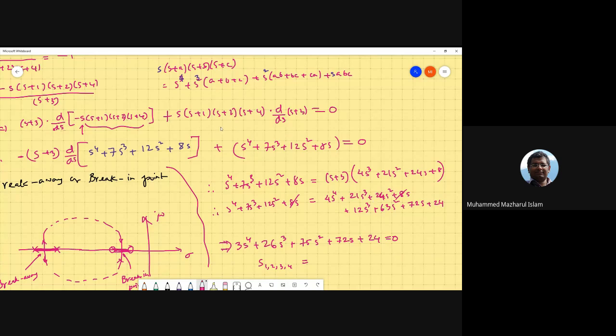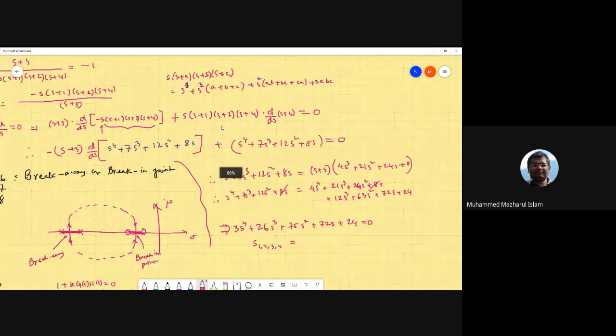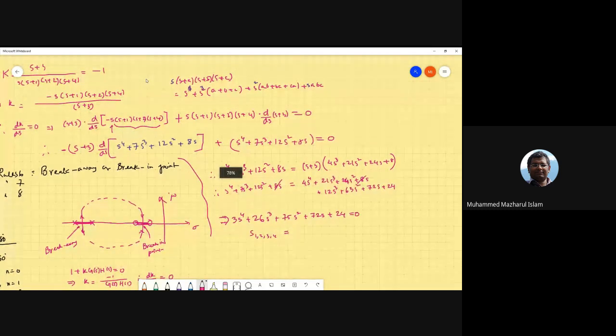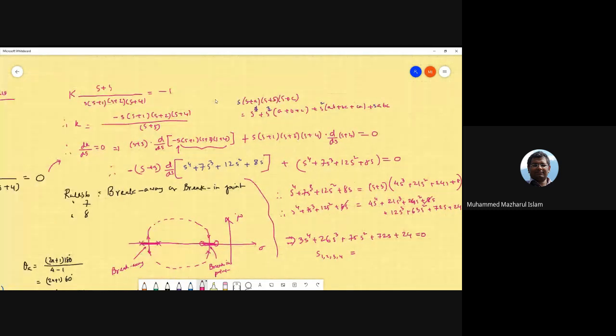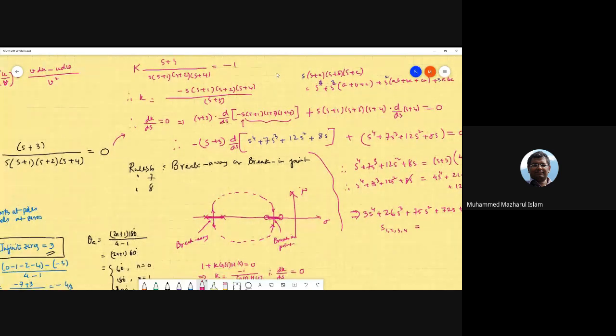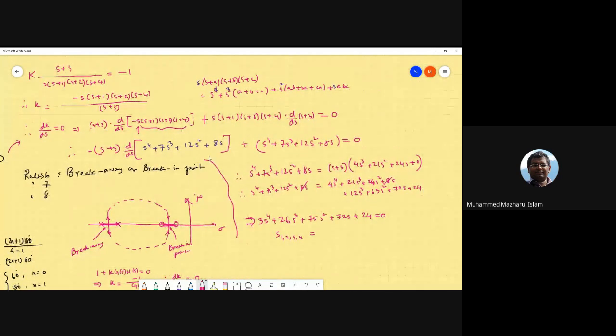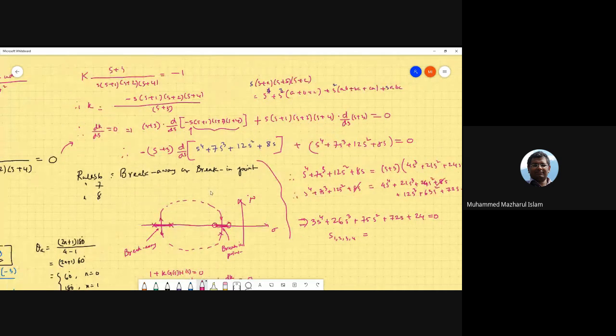I will zoom out a little bit so that I can show you the root locus itself. Sir, four complex numbers come. If four complex numbers come, then we have made a mistake somewhere. That's why I was going to show the root locus.